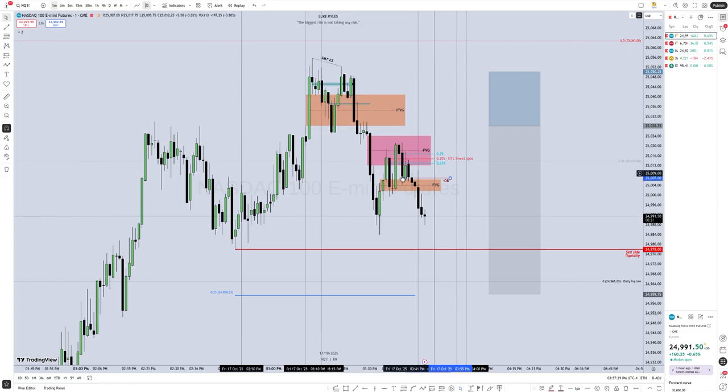So this is a short term, this is a long term to push us lower. So closure below this, going below this. I need a closure below that from this bearish order block for a drop lower.